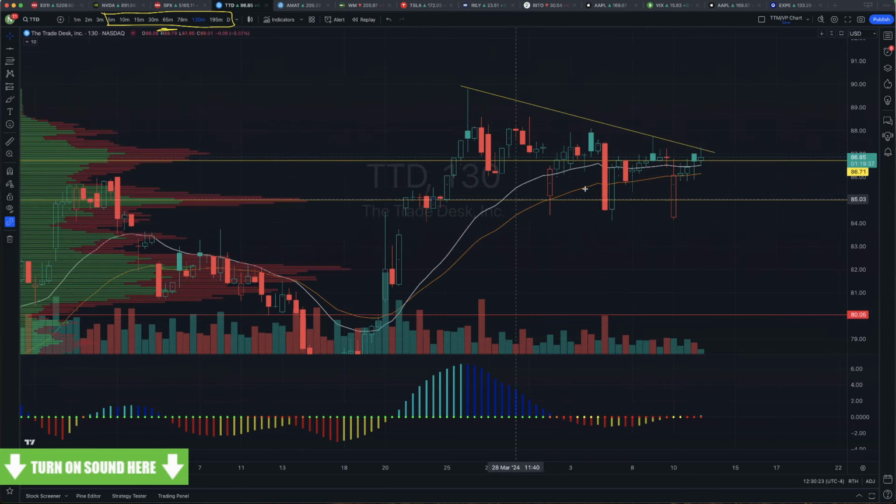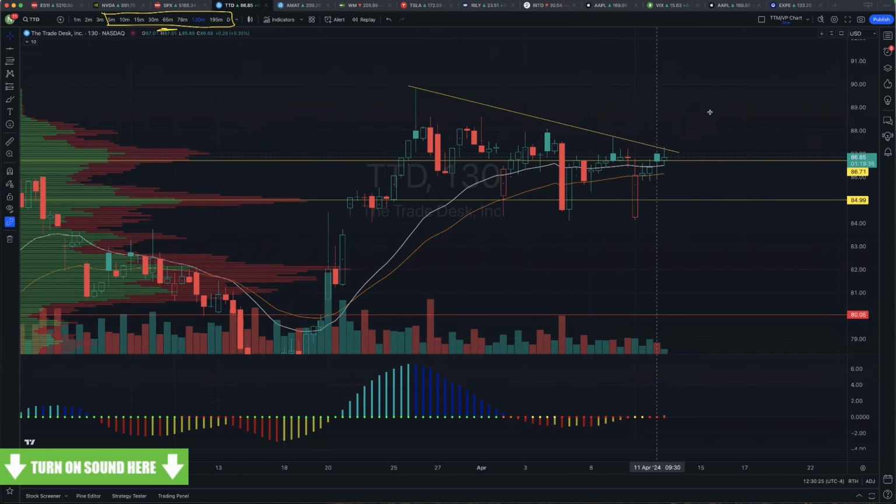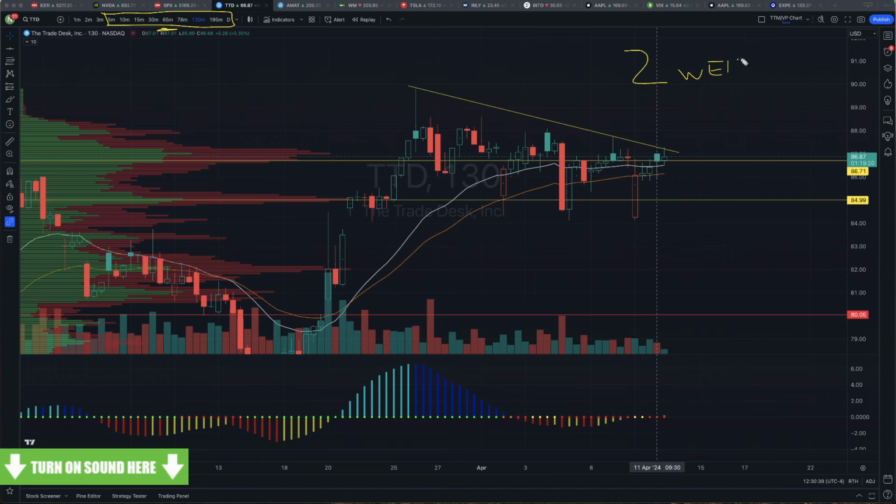And as we look at these squeezes, if we're playing a 130-minute squeeze, once it starts to work, if it works, we're going to want to go out. If we like something on a 130-minute squeeze, you're probably going to want to give that at least 2 weeks till expiration, because you need to give it time to work.